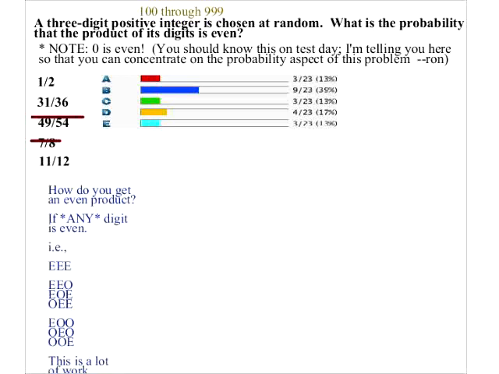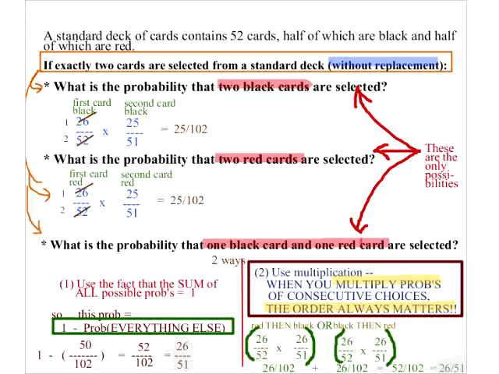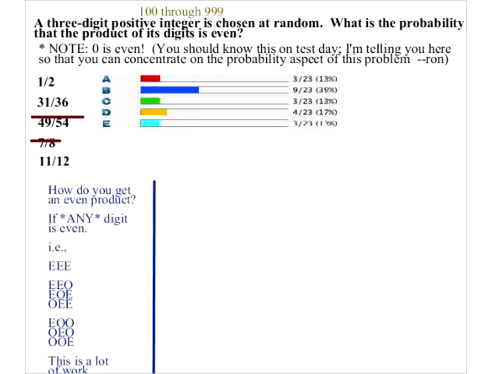On the other hand, remember what we said about shortcuts. If you can find the probability of all the events you don't want, then you can just subtract that from 1. So what are the ones that I don't want?